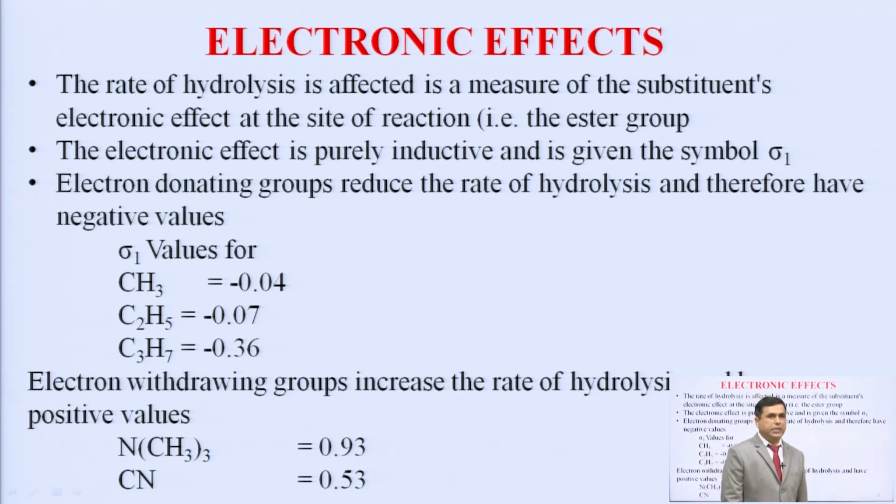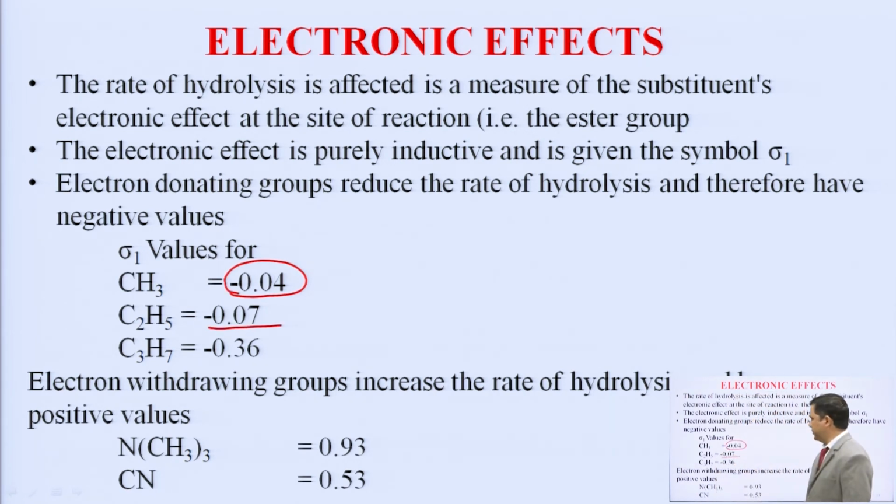The sigma values for methyl are minus 0.04, C2H5 minus 0.07, and propyl, that is C3H7, is minus 0.36.